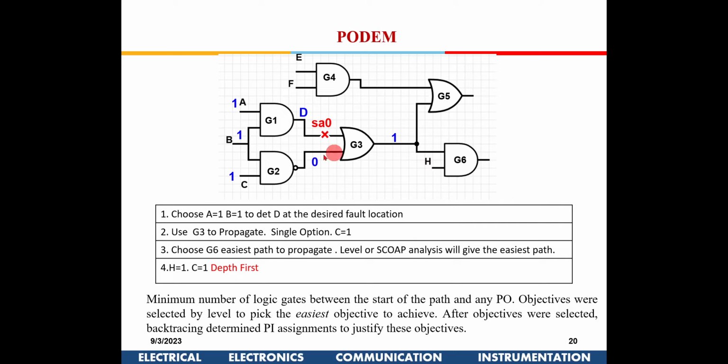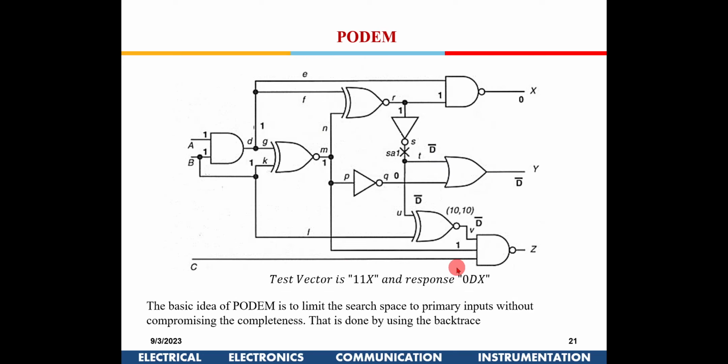Whenever a decision needs to be taken, it will check the data from the scope analysis, and whatever is the easiest path, it will take that. So this is much more efficient than the D algorithm.